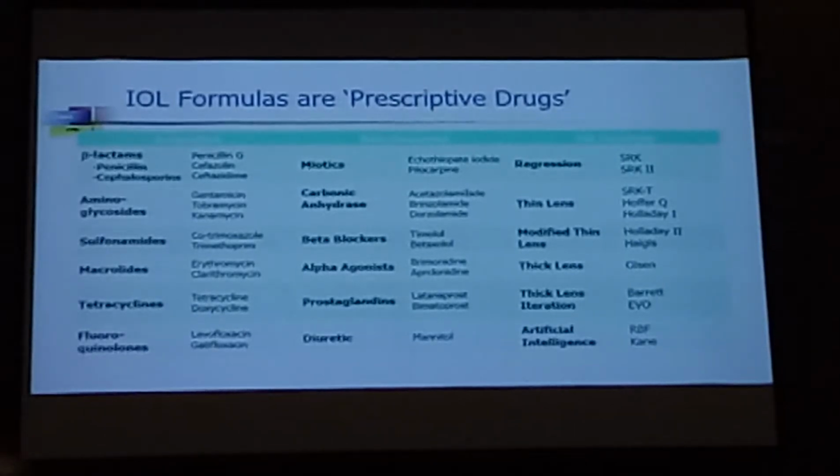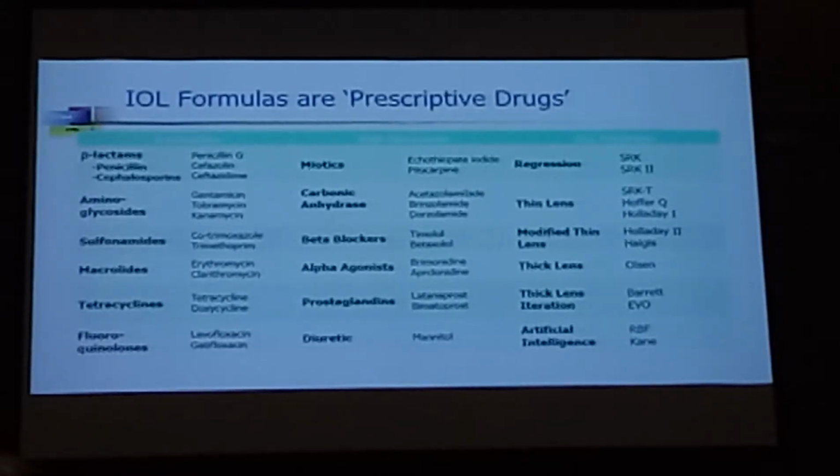If you think about it, for glaucoma, for example, there are drugs we don't use anymore because there are a lot of side effects. In IOL power calculation, if you use SRK or SRK2, and you have a whole lot of patients with bad calculation, is it acceptable?